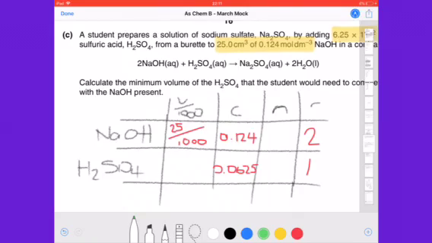The moles of your sodium hydroxide should work out to be 0.0031, or 3.1 times 10 to the minus 3. Because that is in a 2 to 1 ratio, we have to divide by 2, and that gets us 0.00155.